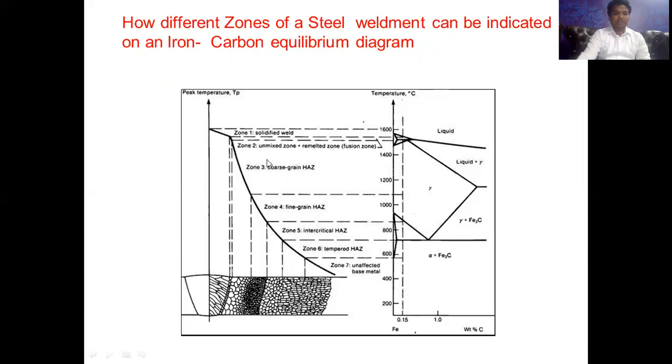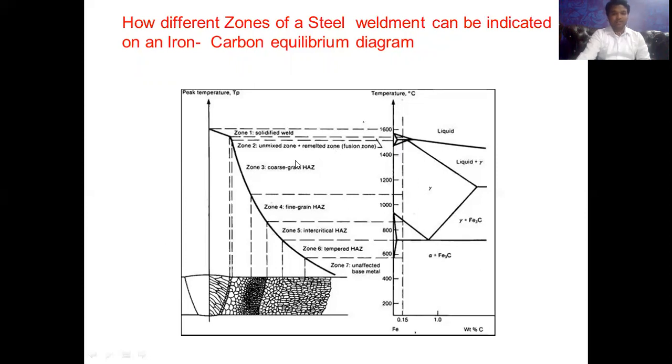The temperatures reached here are indicated with the iron carbon equilibrium diagram. The first temperature is 1600 degrees centigrade. The second temperature is between 1600 and 1500 degrees centigrade.